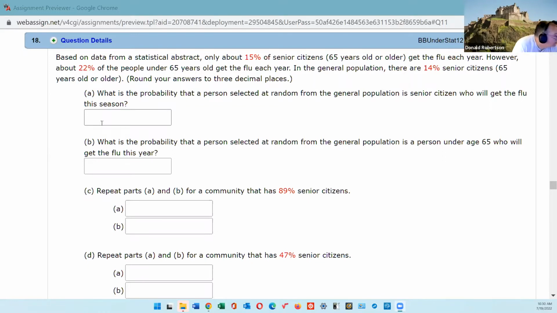So 22% of people who are under 25 get the flu. Okay, so I'm assuming seniors mean you're over 25. So the world only has 2 groups of people, the old fogies and the young'uns. And 15% of old fogies get the flu, and 22% of young people get the flu.